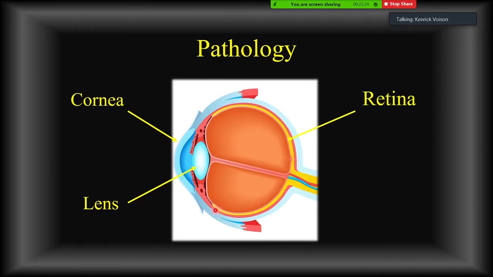When light hits it, it collects the information of the objects around us, and then it transmits that information to what we call the optic nerve at the back of the eye. The optic nerve simply takes that information and carries it to the brain. So the 4 areas you need to keep in mind while we're going through the different pathologies: the cornea, the lens, the retina, and the optic nerve.